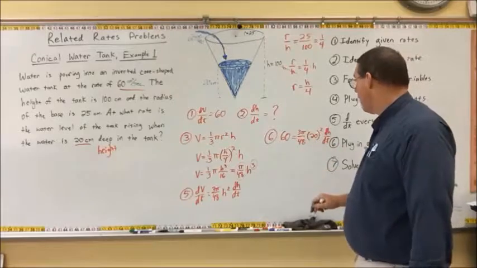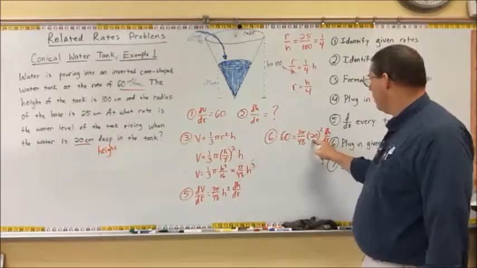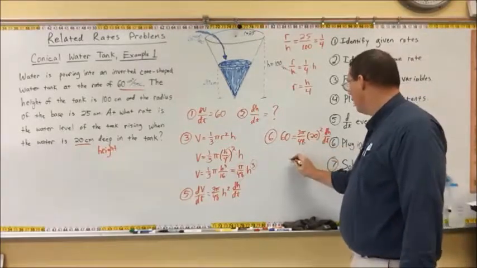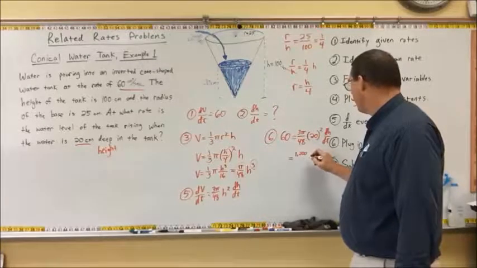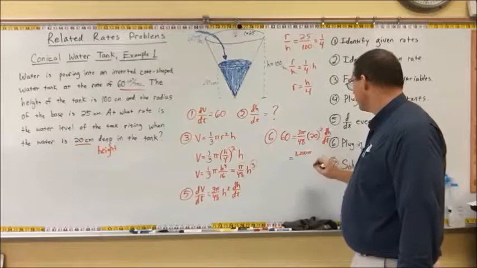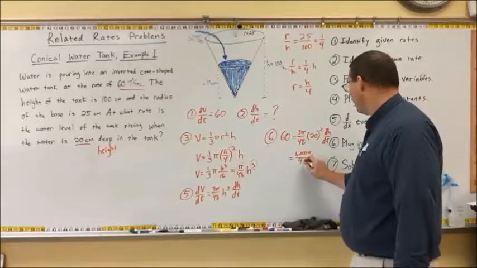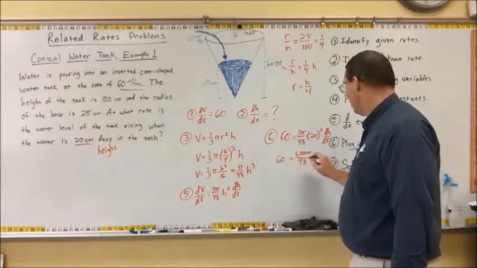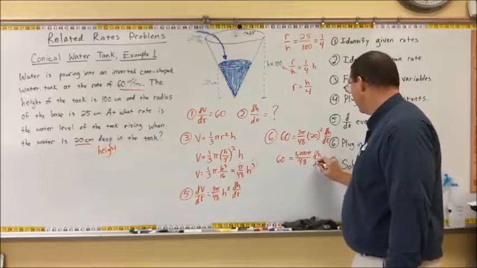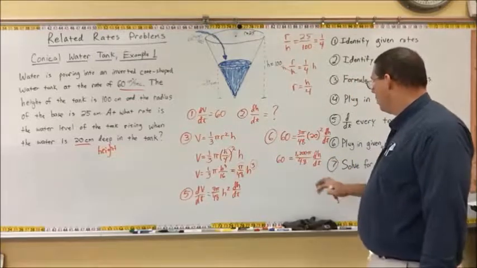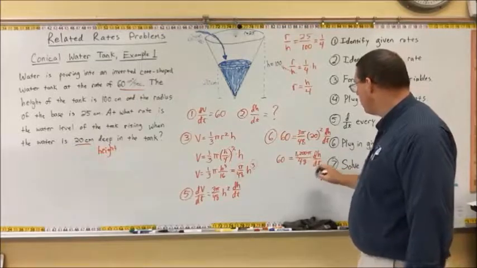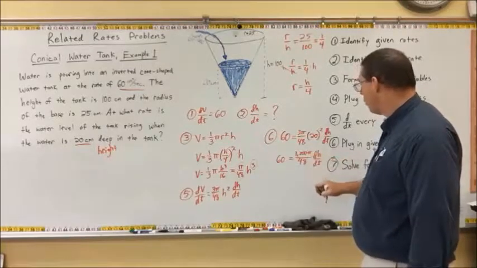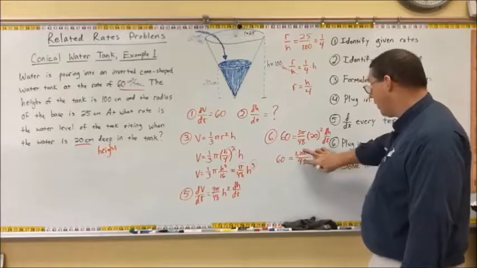If I clean this up now, I get 400 times 3 pi, and that is 1,200 pi over 48, 60, and dh dt. And now, to get dh dt by itself, I can multiply both sides by 48 over 1,200 pi. I do the reciprocal.